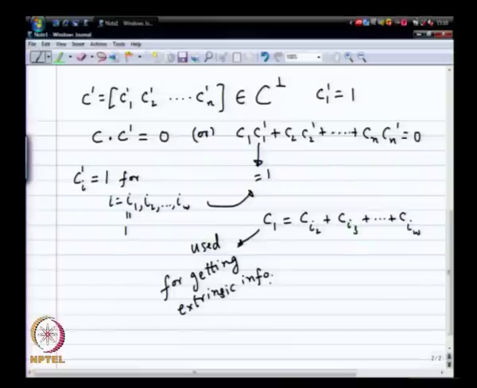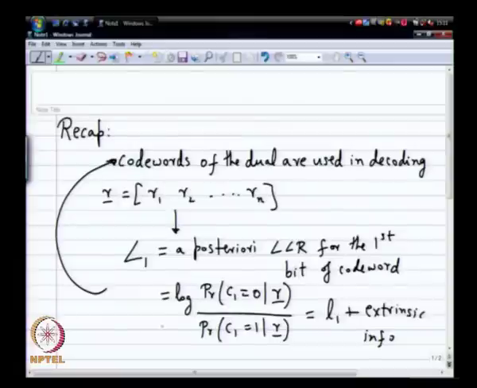This is a crucial idea in many decoders. You have the entire code word, you have the entire received vector R. Of course I can split my a posteriori LLR as the intrinsic L1 plus some extrinsic information, and the extrinsic information is going to be a big complicated expression if you want to evaluate it exactly.